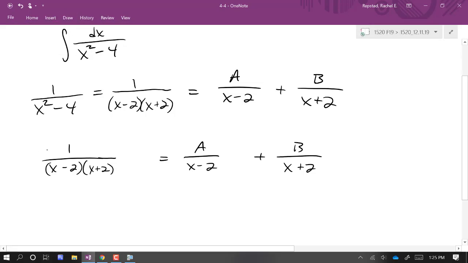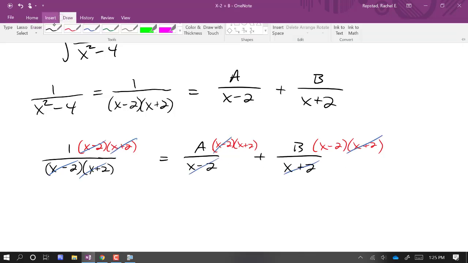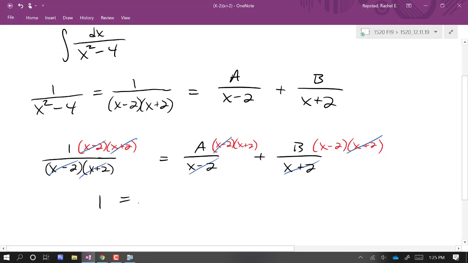So I'm going to multiply through by the LCD, which is just the product x minus 2, x plus 2. Okay. Here, everything cancels. Here the x minus 2's cancel. Here the x plus 2's cancel. So we have 1 equals a times x plus 2 plus b times x minus 2. I'm not multiplying everything out. I'm going to leave it just in that form right now.